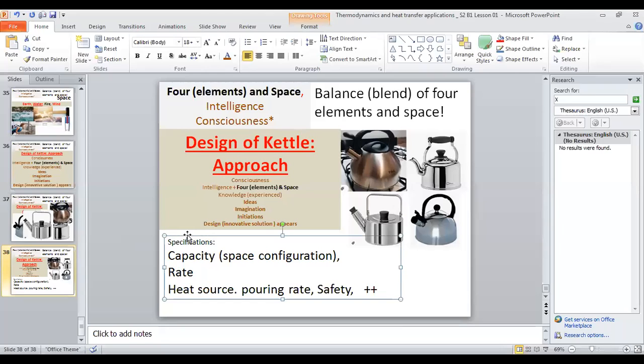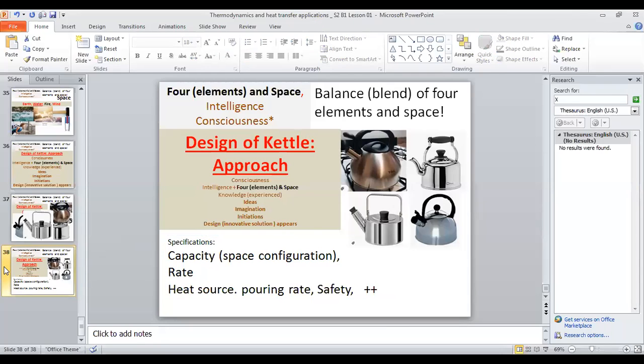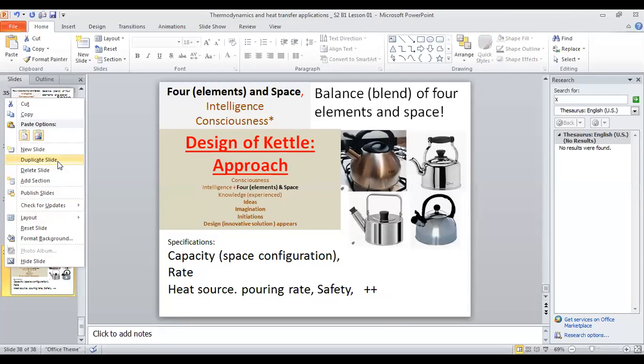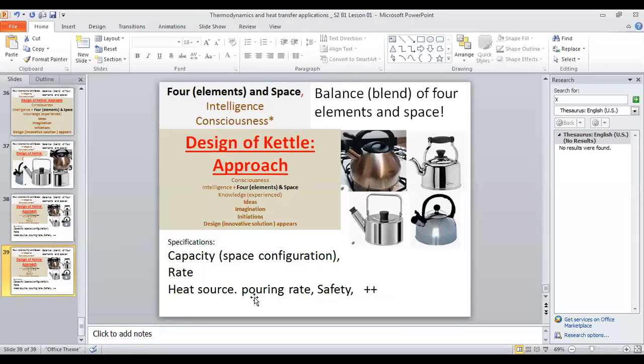Before selecting anything, after the specifications, you must have very important knowledge, and also some consciousness and intelligence.